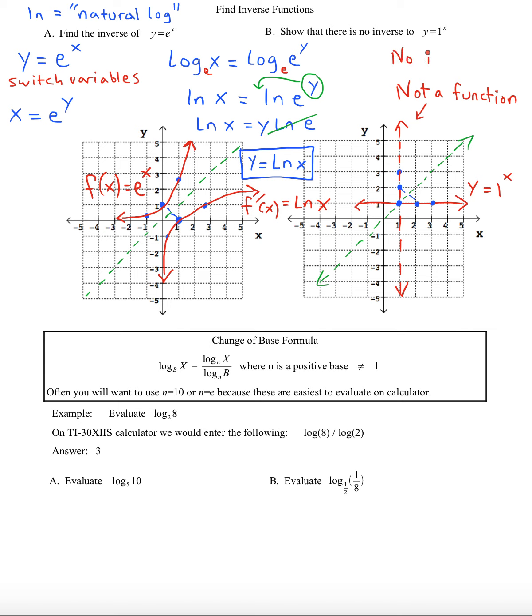So there's no inverse. Could we try that algebraically as well? Well, let's see. Start with the original. Y equals 1 to the x. Switch the variables. X equals 1 to the y. Solve for y if possible. Well, let's take a log of both sides.